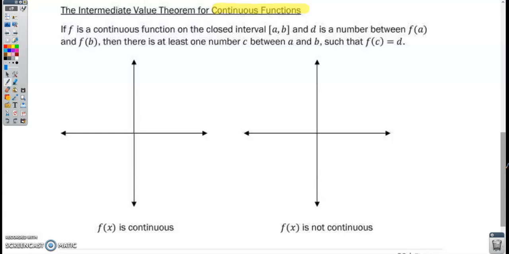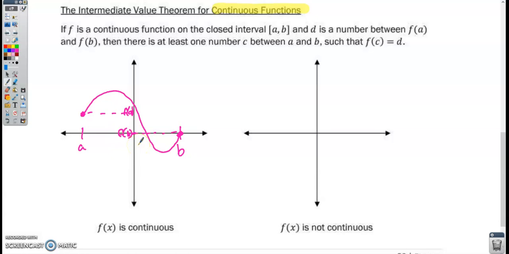So again, I'm going to go back to my generic continuous function here. In fact, I'm going to use pretty similar to my same initial continuous function. There we go. Okay. Now, if I pick any number d that's in between f of a, okay, so there's f of a, and f of b.